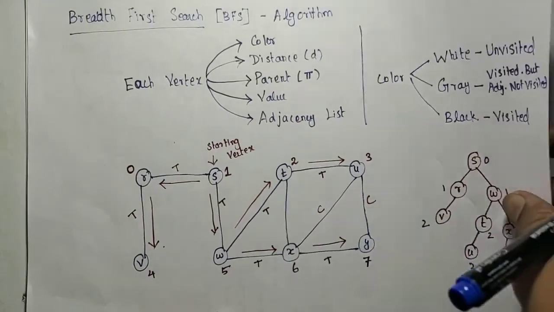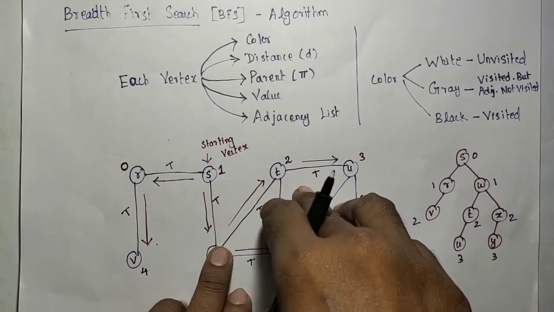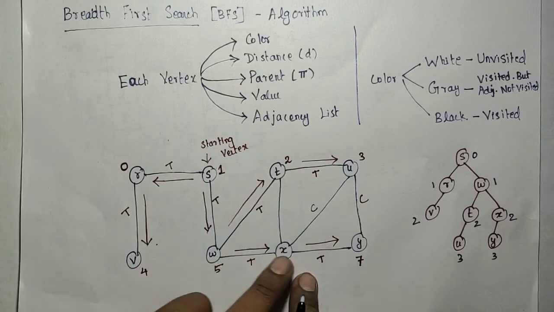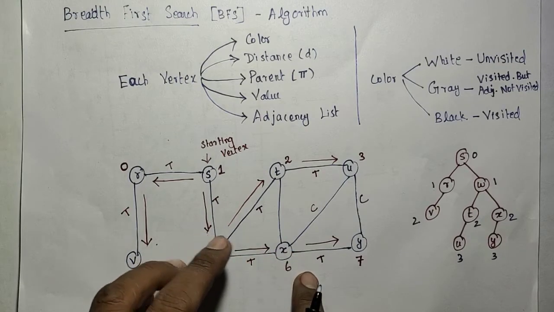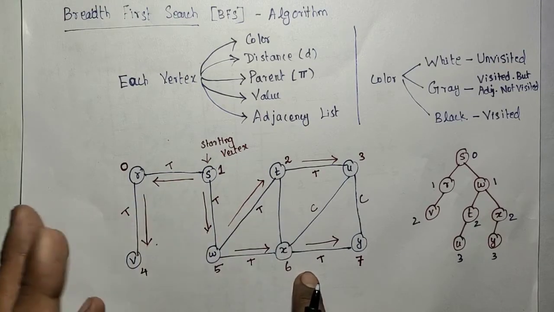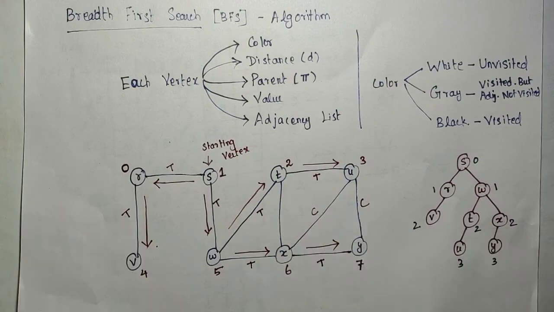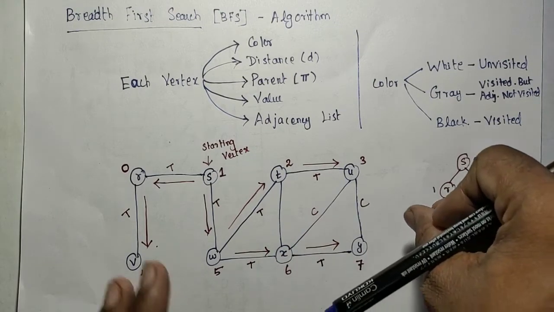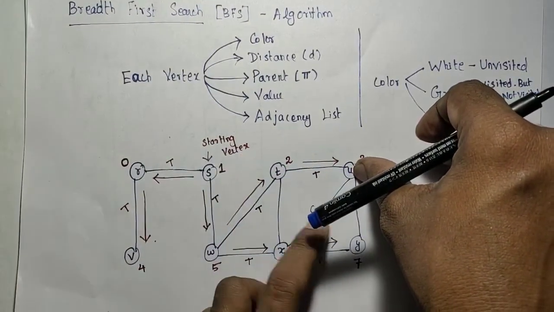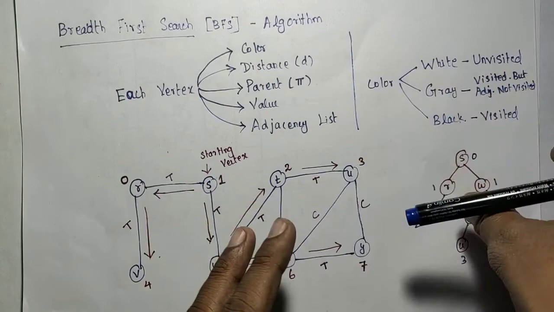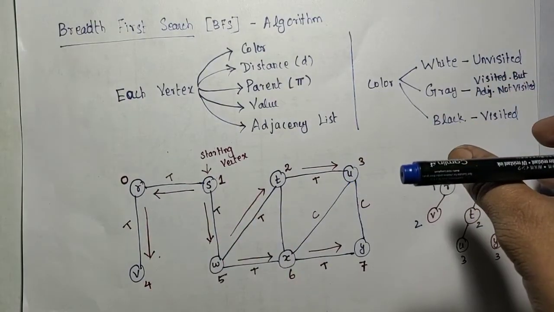This BFS algorithm is currently designed for undirected graphs and for strongly connected directed graphs. Strongly connected means if you give any starting node, I can reach any other node. If the directed graph is like that, it is a strongly connected graph.